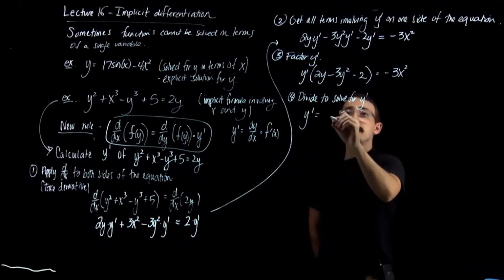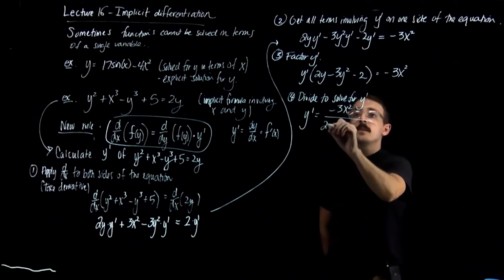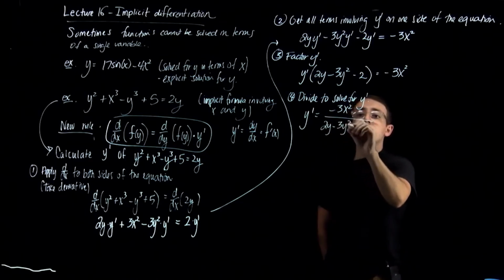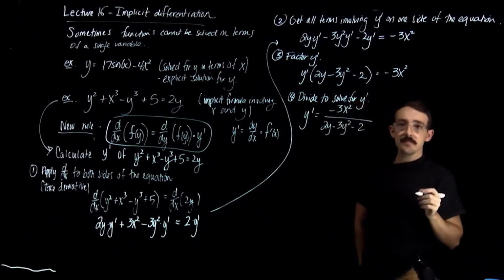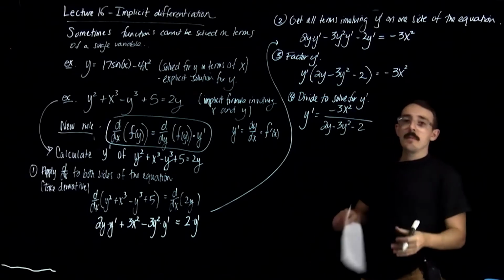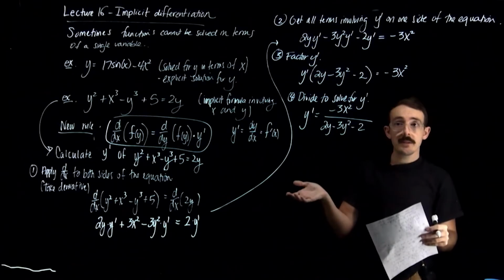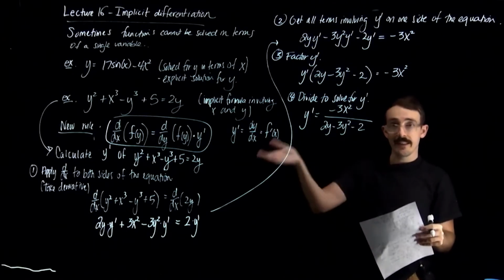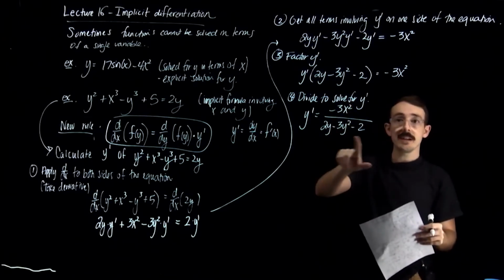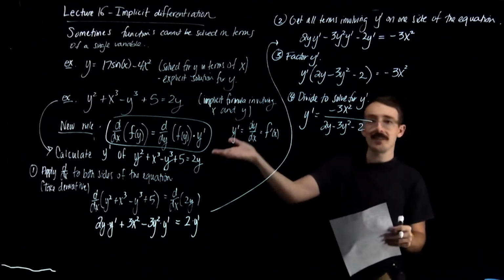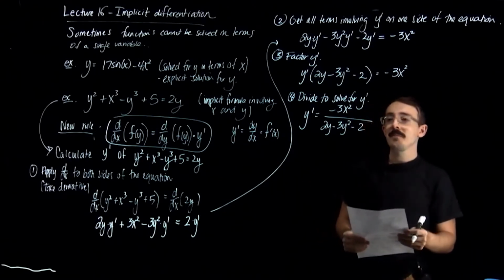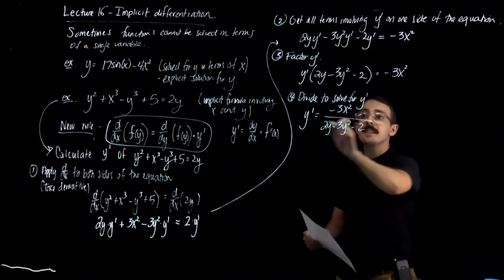So y prime is going to be negative 3x squared over 2y minus 3y squared minus 2. So this is kind of the standard routine you follow. A lot of the problems that you see for implicit differentiation look like this format. Your answer looks like a giant fraction if you have a very complicated problem. Okay, so this is the derivative.